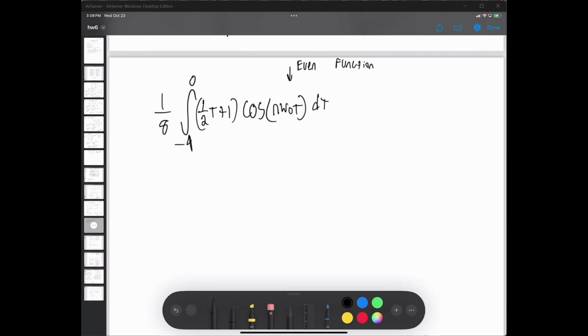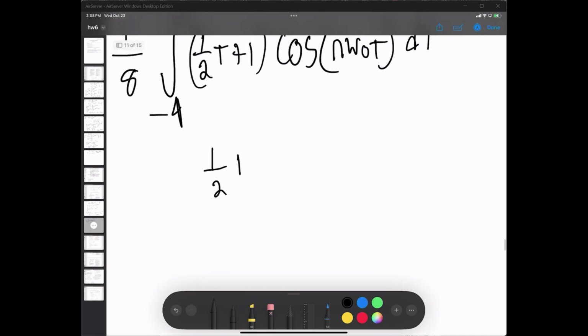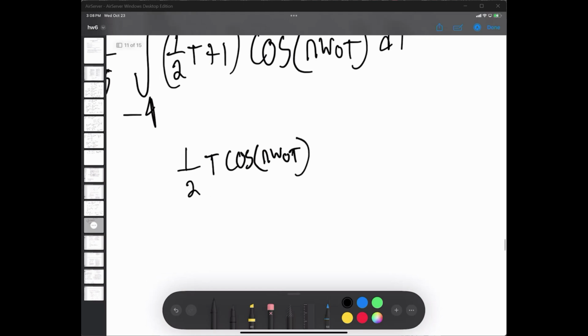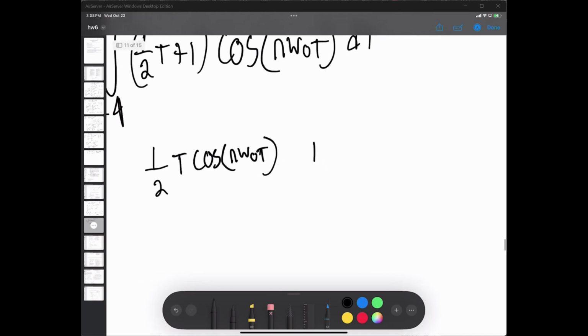Now let us solve it. We can distribute the cosine. So we'll have 1/2 t cosine of n omega naught t plus cosine n omega naught t.